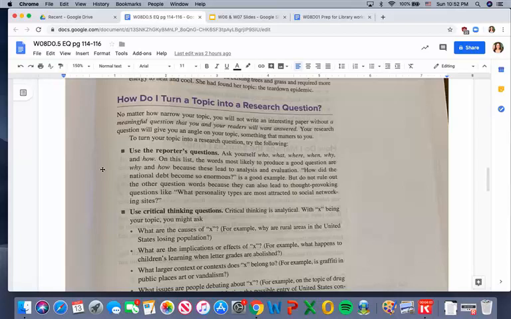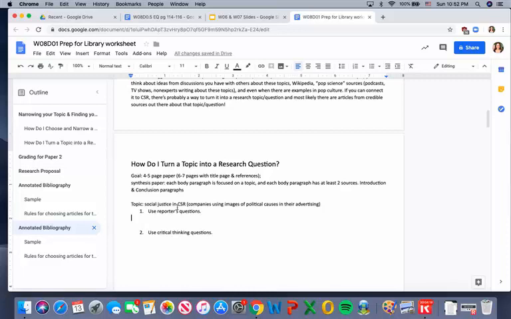But do not rule out other question words, because they can also lead to thought-provoking questions like, what personality types are most attracted to social networking sites? So let's go ahead. I'm going to do who, what, when, where, why, and how. They recommend why and how, so I'm going to think about some questions there.